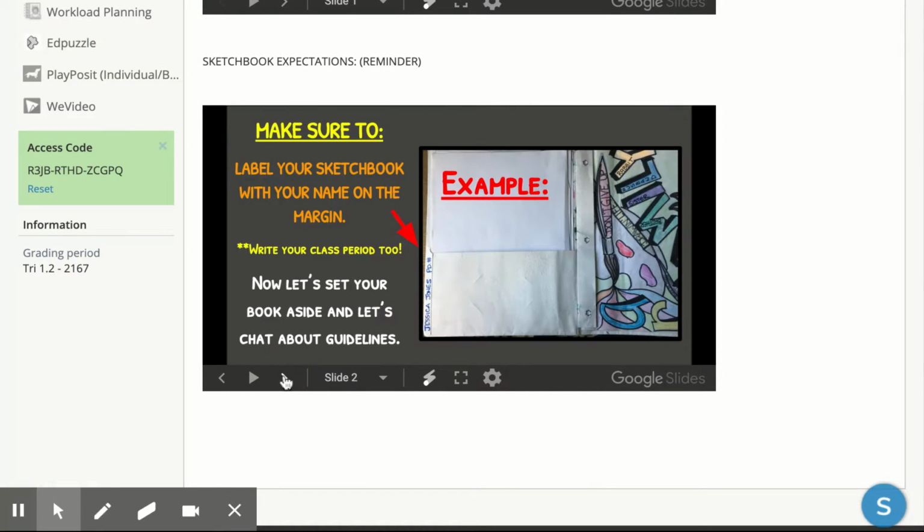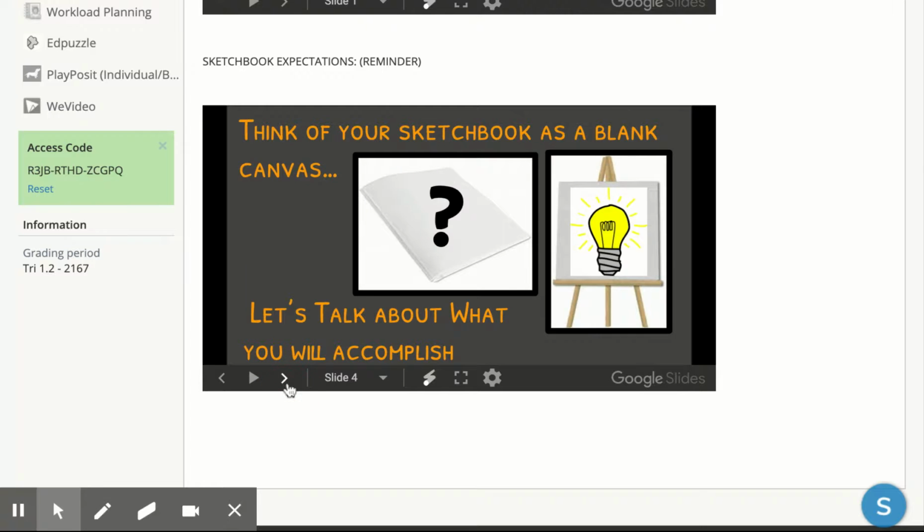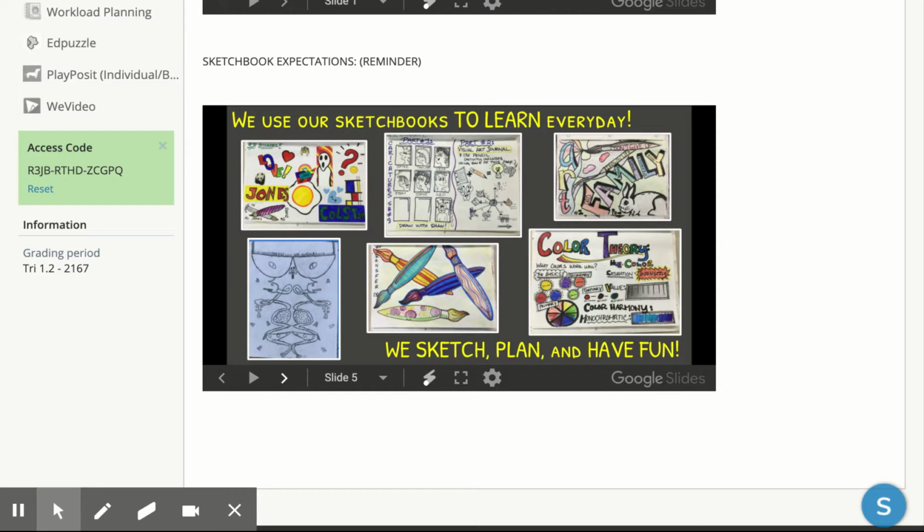We talked about this in class, and I talked about it on the slide, but I'm going to remind you again. Everybody should have a sketchbook. We sent sketchbooks to VLA students, and all hybrid students should have gotten one when they came to class. Your name should be on the margin on the inside, first name and last name. Remember, we are looking for full sketches, your whole page, no scribbles, no messiness.